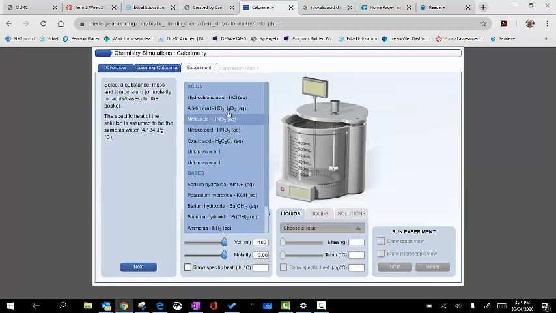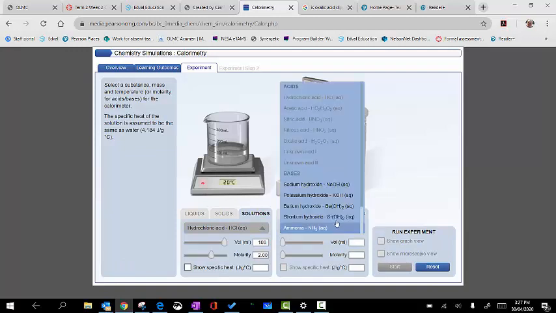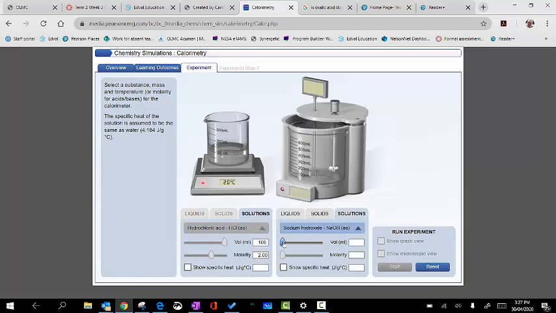The concentration that I've asked you to select is 2 moles per litre, and the other solution that we are selecting is sodium hydroxide, again 100 millilitres and 2 moles per litre.